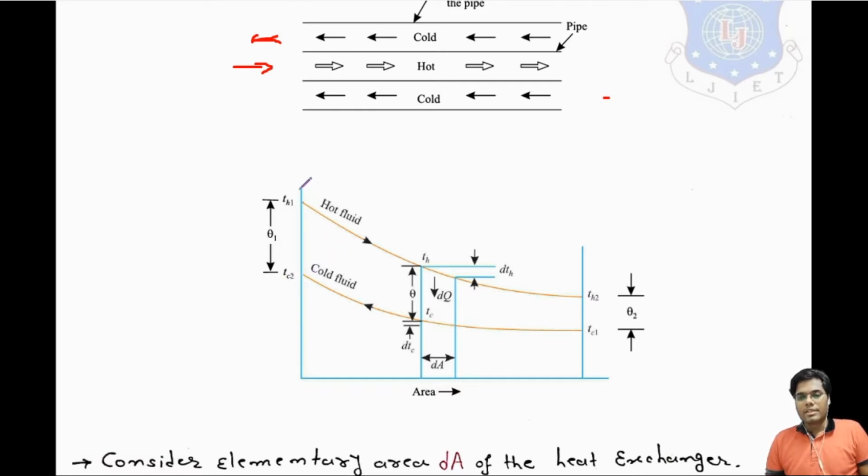So the temperature difference here will be TH1, inlet temperature of hot fluid, minus TC2, outlet temperature of cold fluid. Temperature difference at this point of heat exchanger will be TH2 minus TC1, outlet temperature of hot fluid and inlet temperature of cold fluid, which will be theta2.